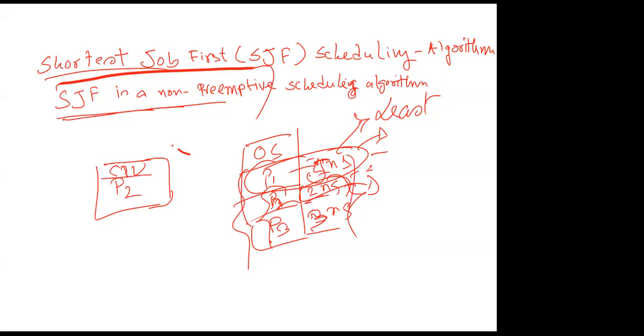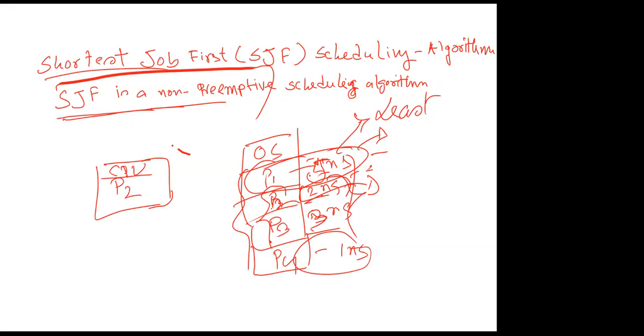During this execution time, let's say another process P4 comes to the RAM. It needs 1 nanosecond. So currently this one needs the least burst time or execution time.